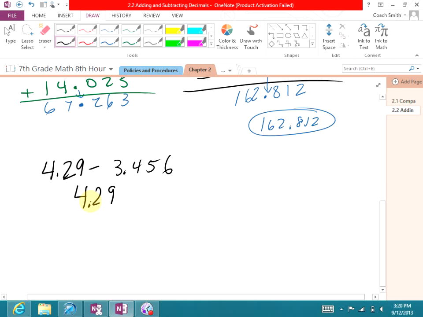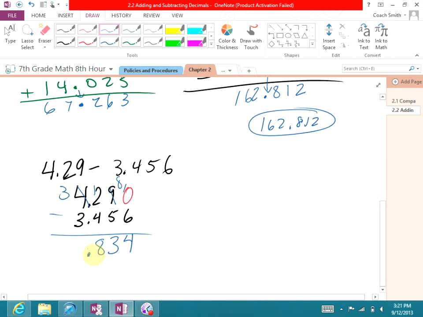There's your decimal. Then I put 3.456. Now, once again, I have to add a 0 to my top number. Yeah, you got to put the 0 up there, and that's subtracting. Borrow from that, make it an 8, make that 10, makes that 4. 8 minus 5 is 3. Borrow from the 4, make it a 3, make that a 12. 12 minus 4 is 8.